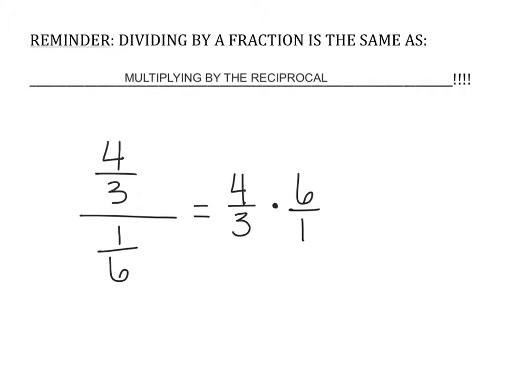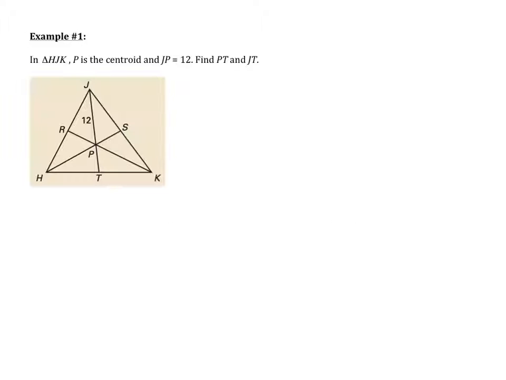So then all you've got to do is multiply straight across, or you could do some cross simplification. 3 goes into 6 twice. So we end up with 4/1 times 2/1, which is just 4 times 2, so I get 8. So again, multiplying by the reciprocal is the way you can get rid of dividing by a fraction.